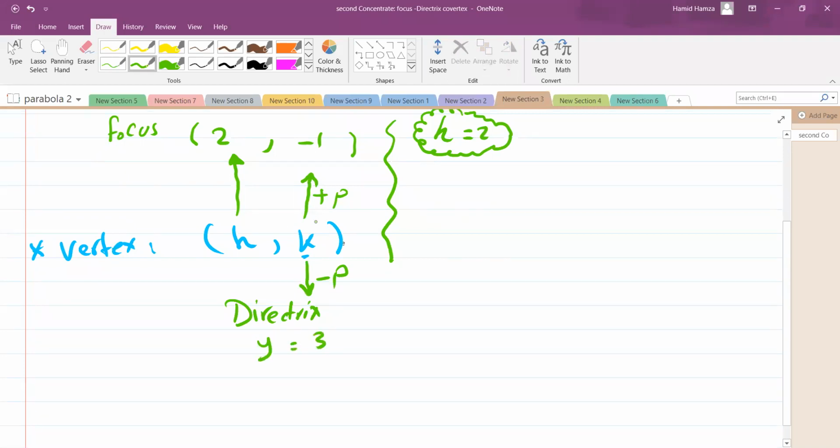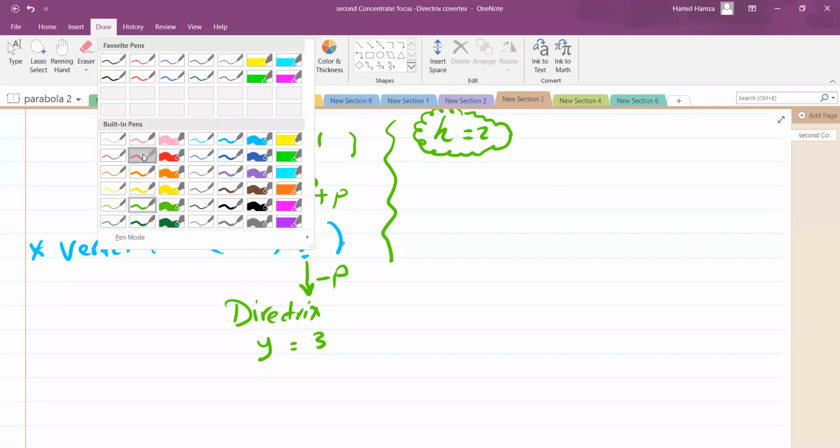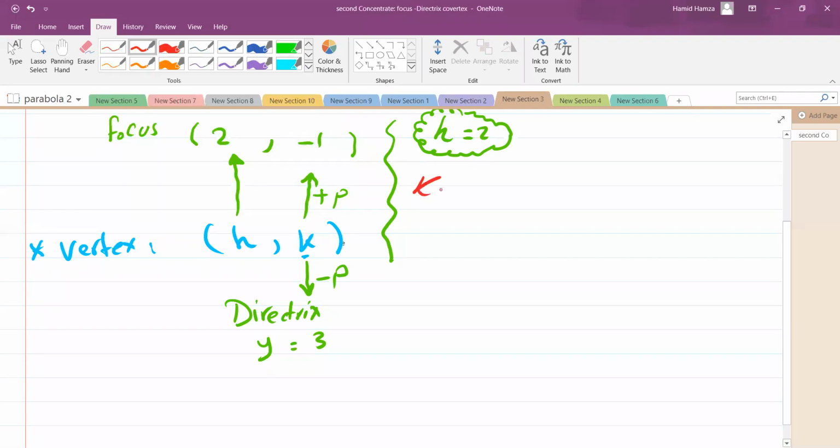That means this form equation. So K plus B equals -1, and K minus B equals 3.